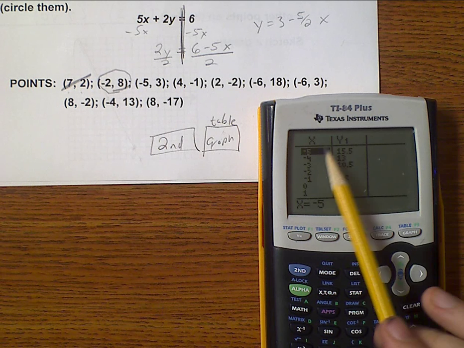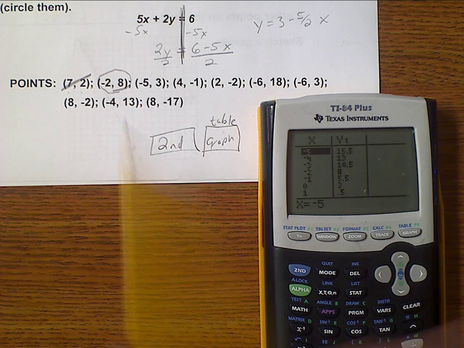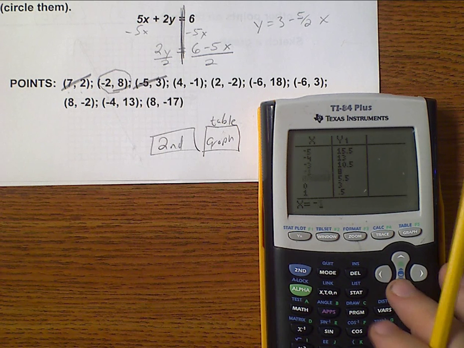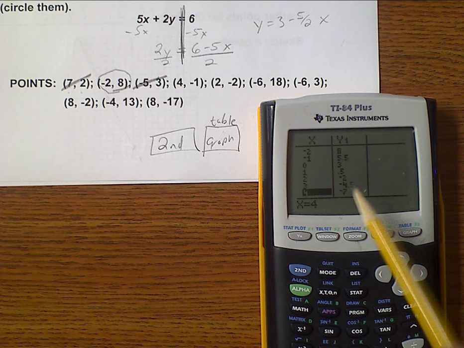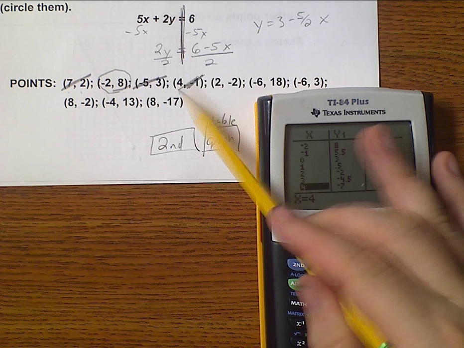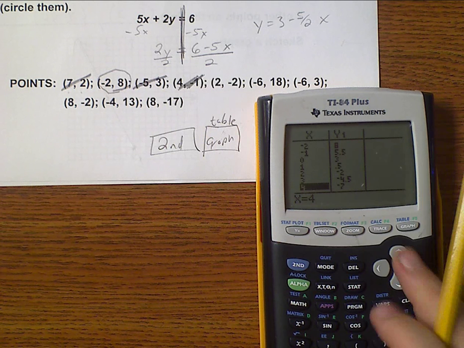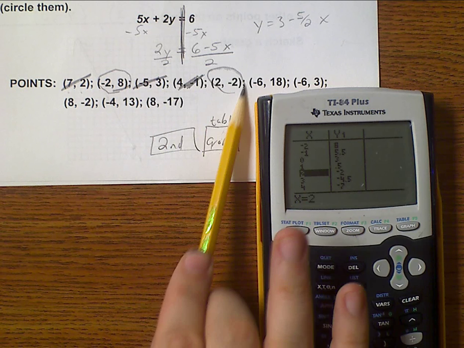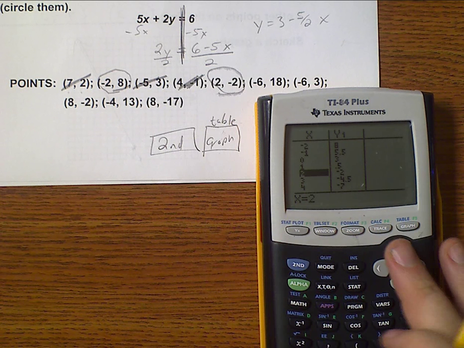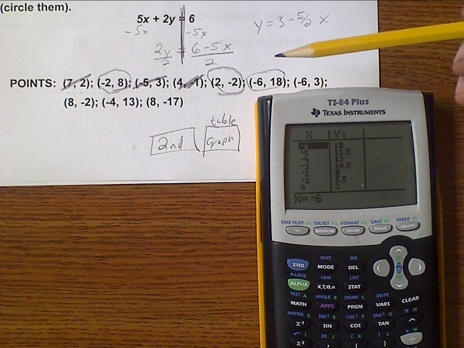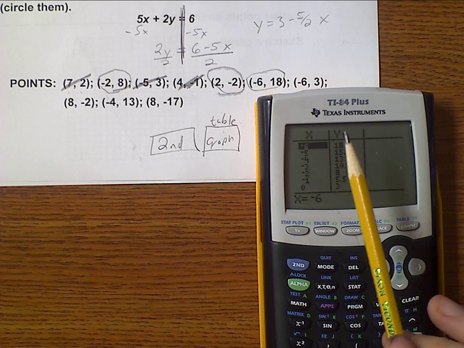Negative 5 is all the way at 15. 4, negative 1. 4 is negative 7. 2, negative 2. Well, 2, negative 2, that's on there. Negative 6, 18. Yes, that one's on there. Negative 6, 3. Well, obviously that one is not.